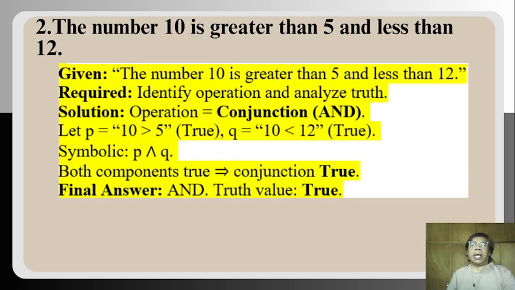Let P be 10 is greater than 5, and that is true. And Q, 10 is less than 12, is true. Symbolically, P and Q, both components true. Therefore, the conjunction is true. So the final answer: and, and the truth value is true.